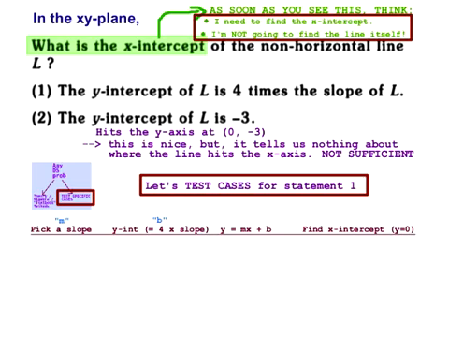So if the slope is 2, then the y-intercept is 8. So then that's y equals 2x plus 8.